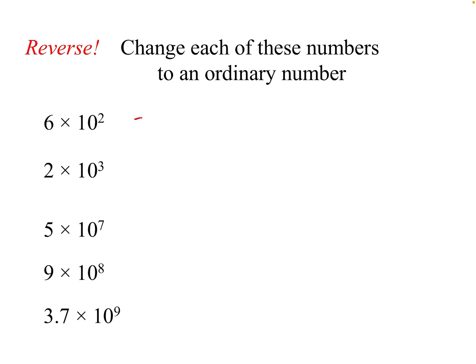So 6 times 10 to the power of 2, well, we've got 6. There's my decimal point. What I need to do is move my decimal point to the right 2 places. I know my number's going to get bigger, so I'm going to move my decimal point to the right 2 places. 1, 2. And fill in any gaps with a 0.